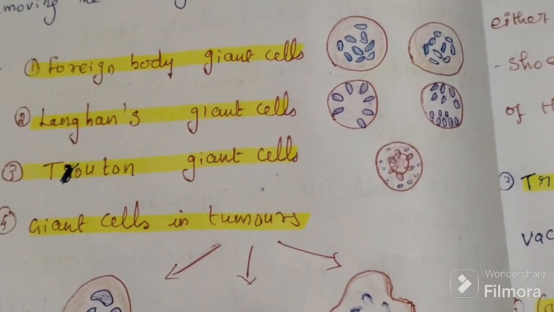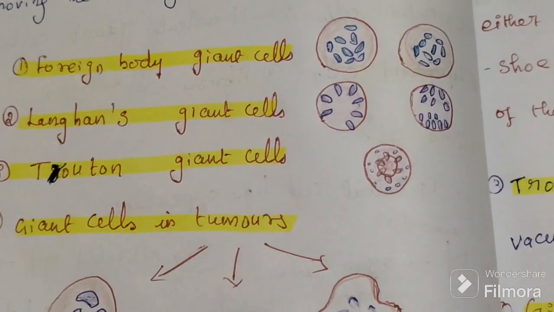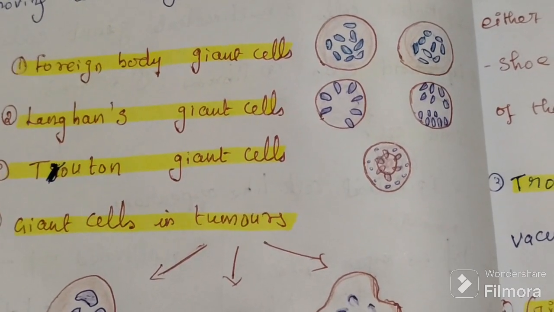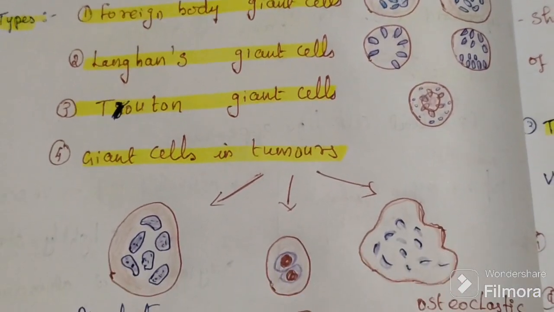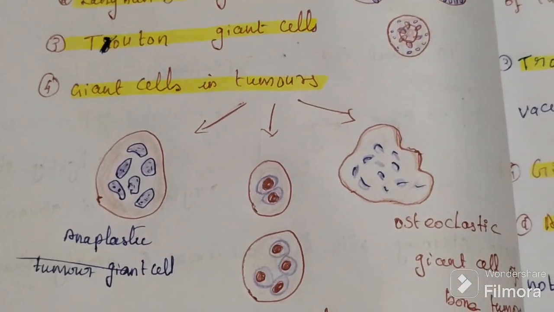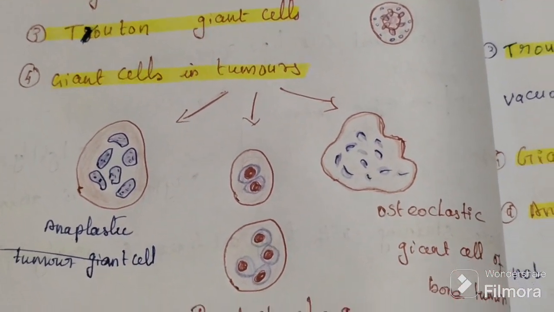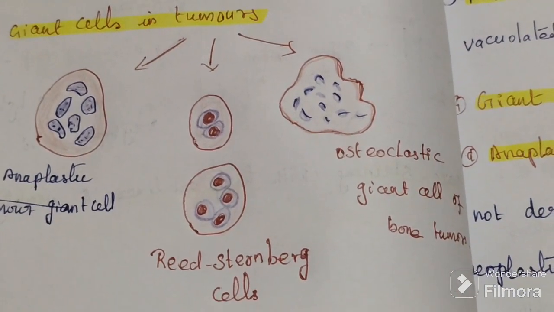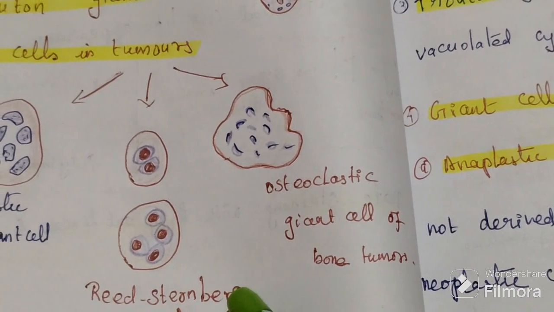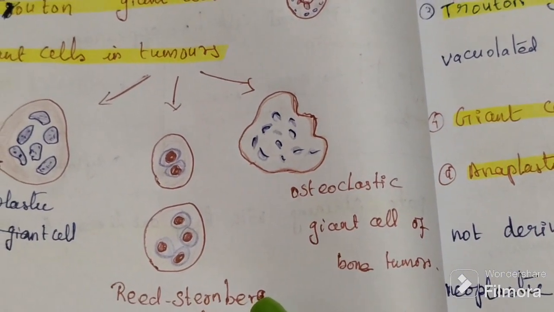It is known as the Touton giant cell. Apart from these, we have giant cells of tumors: anaplastic tumor giant cell, Reed-Sternberg cell, and osteoclastic giant cells of bone tumor.